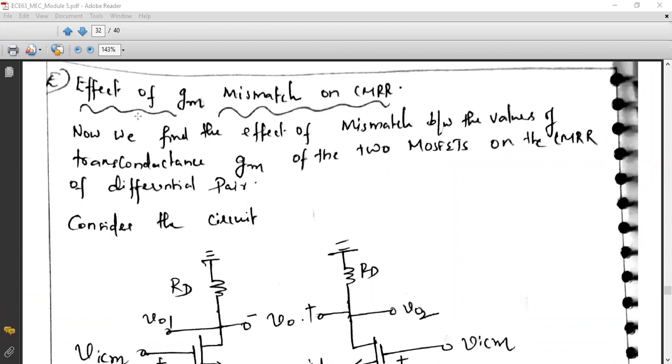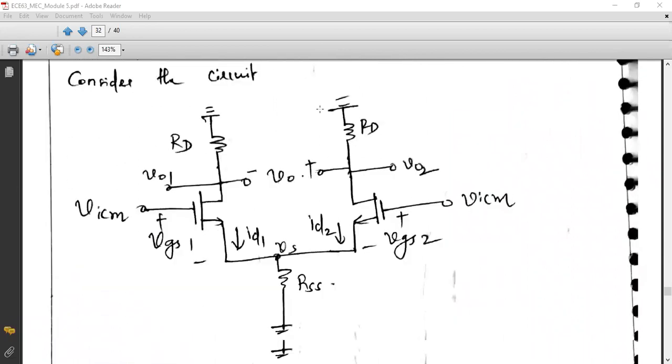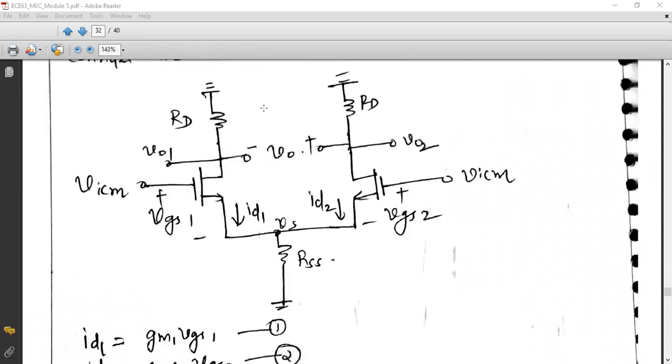So today we are going to discuss the effect of gm, that is, transconductance mismatch on CMRR. For that, take down the circuit diagram, all of you.